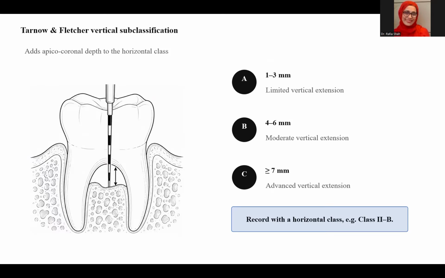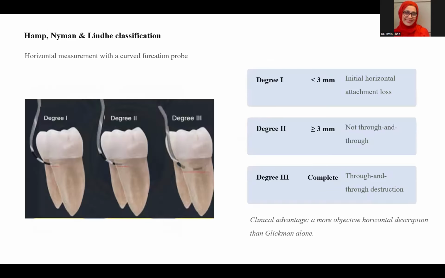4 to 6 millimeter loss means moderate vertical extension of this lesion, class B, and more than 7 millimeters advanced lesion, class C. They said if there is definitely a presence of horizontal bone loss, assume according to Nyman classification, horizontal loss is B. We said Linde, Nyman, and Hamp classified the lesion as 1, 2, and 3.